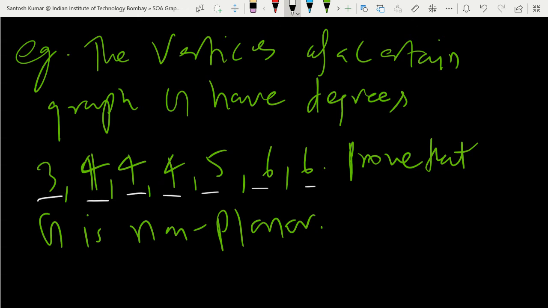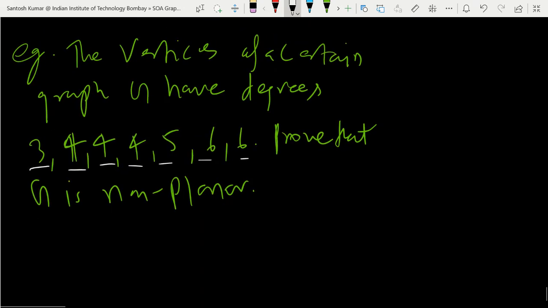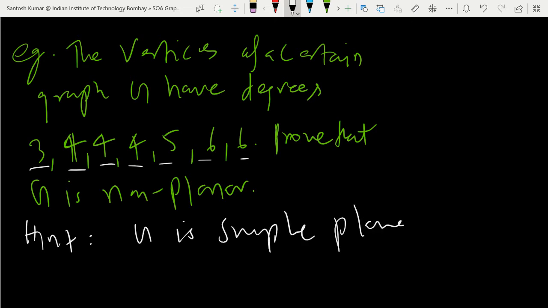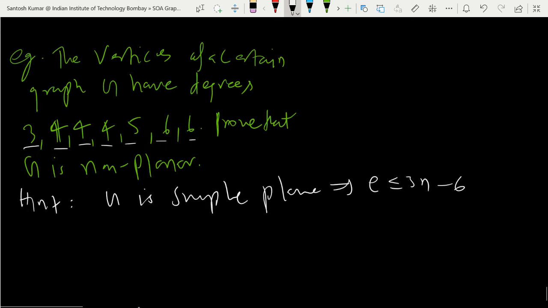Yes. Sir, can we prove this with the second theorem? Yes, yes. The second theorem was, let me give you a hint: if G is a simple planar graph, then E is less than or equal to 3n minus 6.